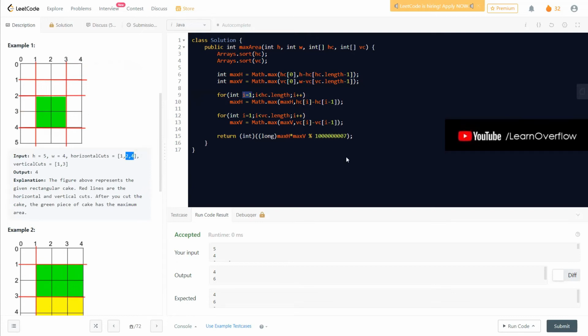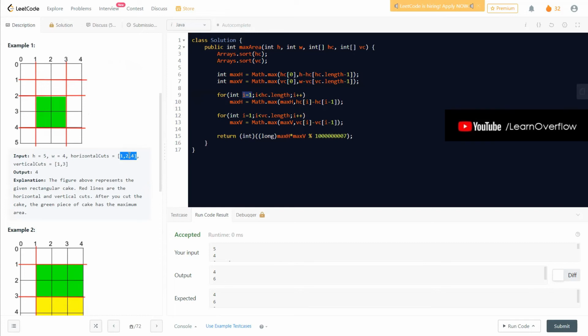For each one we figured out the difference between them: first this and this, then in the second case 4 and 2, and thus we figure out the maximum distance we have over here.